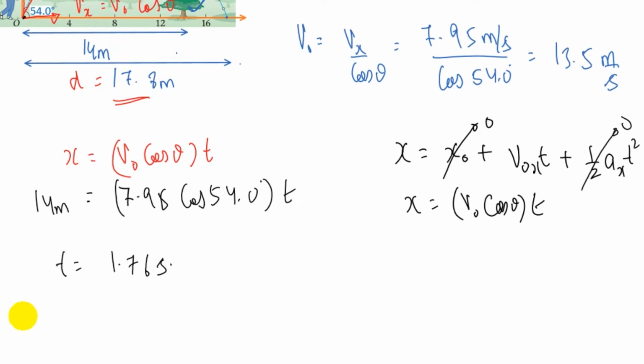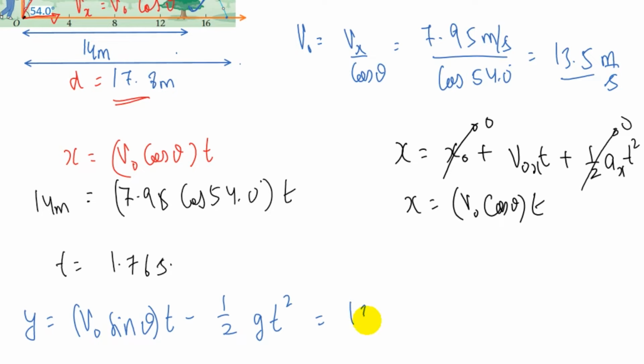Now I'll use the position as a function of time in the vertical direction. So we have this equation, y equals v0 sine theta multiplied by t minus 1 over 2 g t squared. And if you have any confusion about how we obtain this equation, you can view my previous video. Okay, so v0 is 13.5 meters per second, sine theta is 54.0 degrees, and time we have 1.76 seconds.